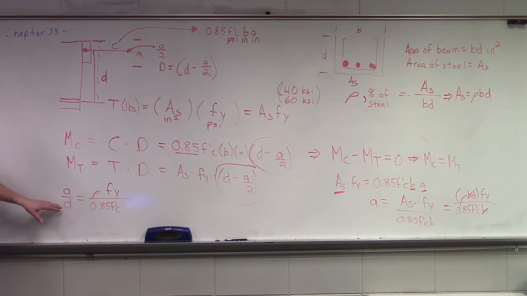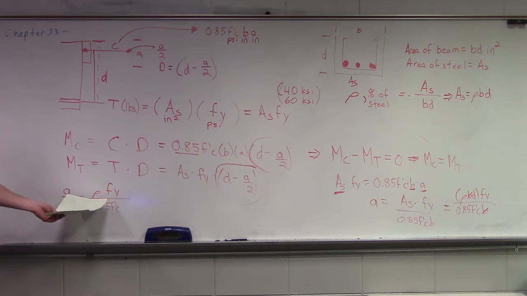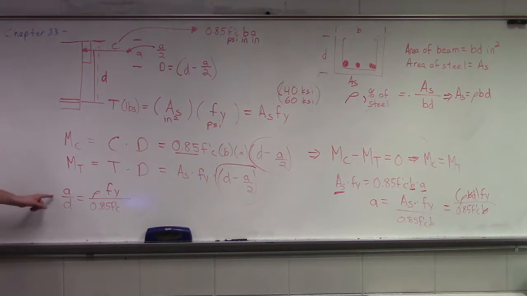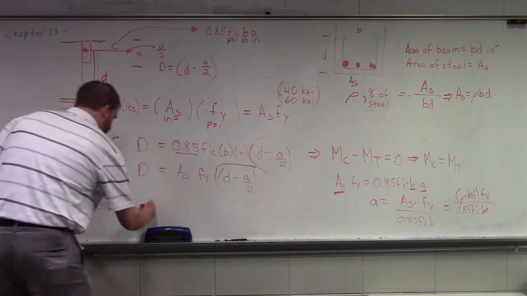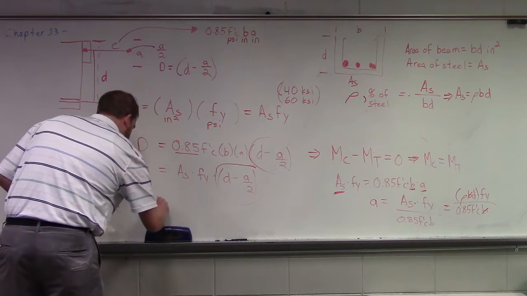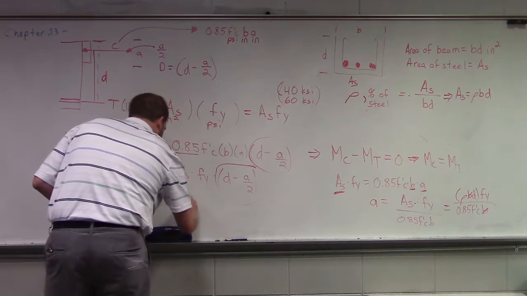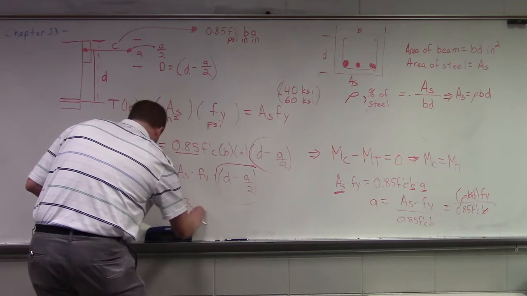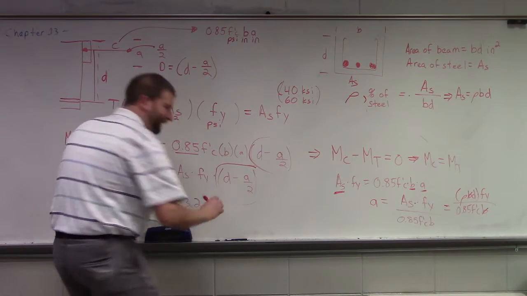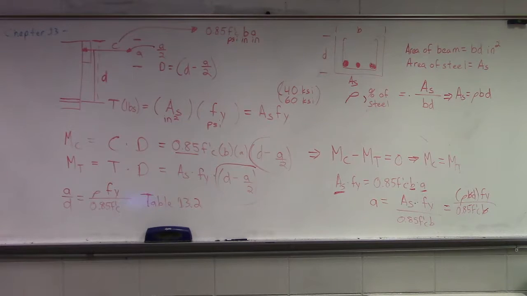So this is how you can check those numbers to figure out percentage of steel, given your A over D value, which is in Table 13.2.